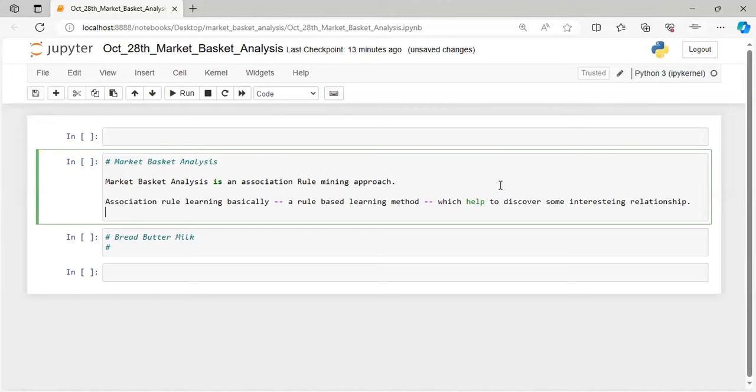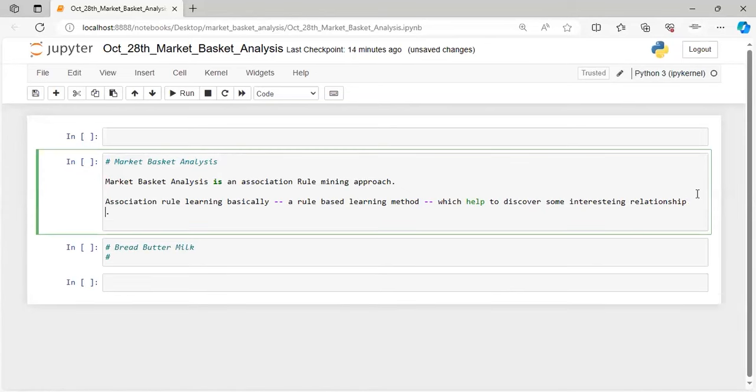So we try to discover some interesting relationships between variables in a large data set, because if it is very small, then easily we can find out that the people who are buying bread will also buy butter and milk. But if the data set is very large, with thousands of items, you cannot think that a person who is buying beer will buy diapers also.